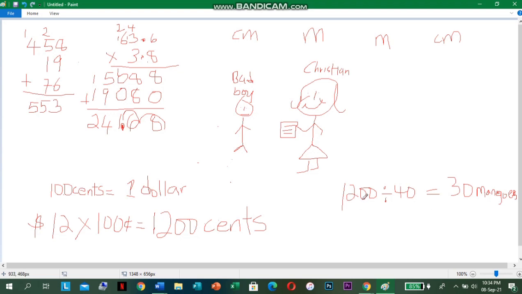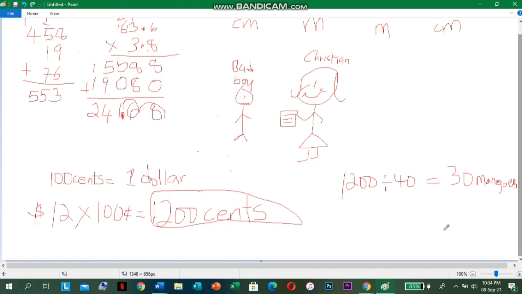So 1,200 divided by 40 gives us 30. 1,200 cents divided by 40 cents, we get 30. We can buy 30 mangoes from the 1,200 cents. All right, good.